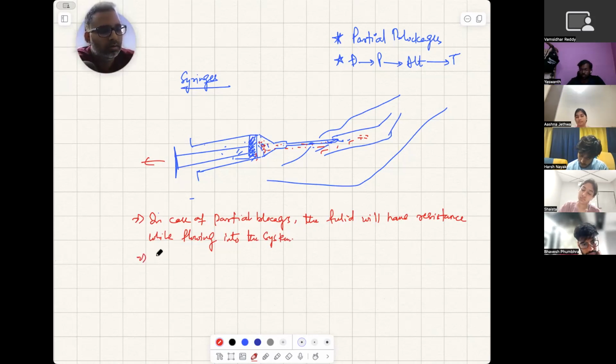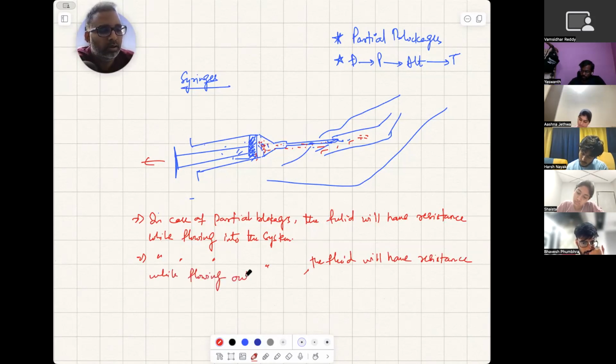Also write down, in case of partial blockages, the fluid, like for example, you are giving medicine, it will not go easily, will have resistance while flowing out of the system.